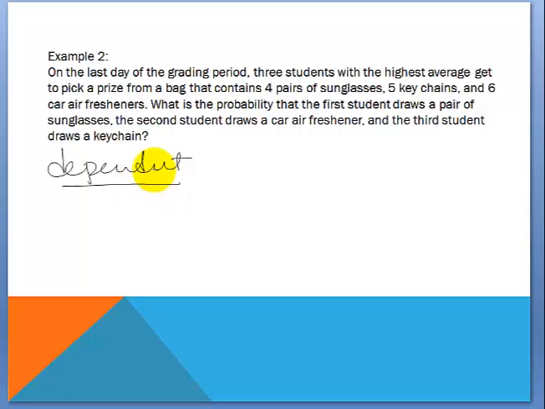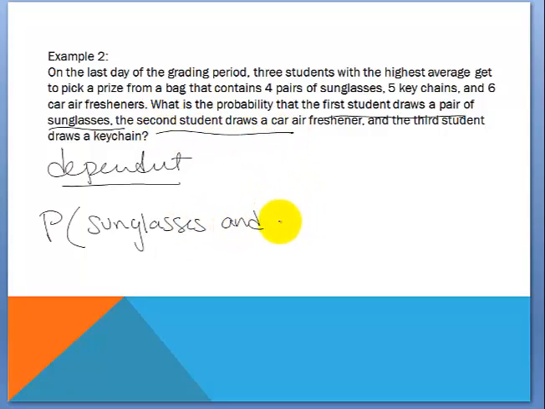And the reason it's dependent is because we look at the probability of event A. And event A is that the first student draws sunglasses, and the second student draws an air freshener, and the third student draws a keychain.